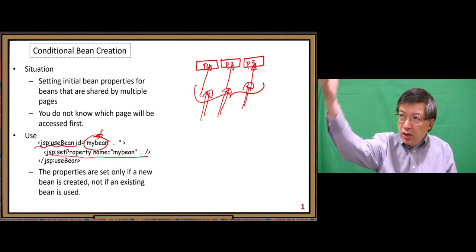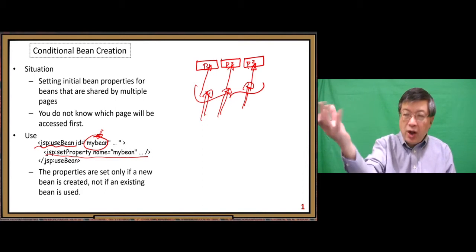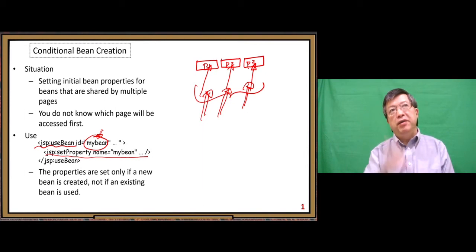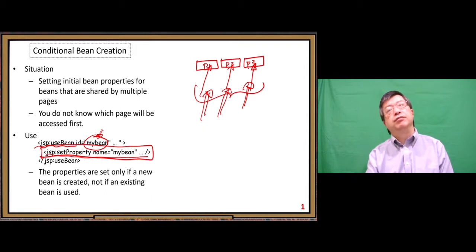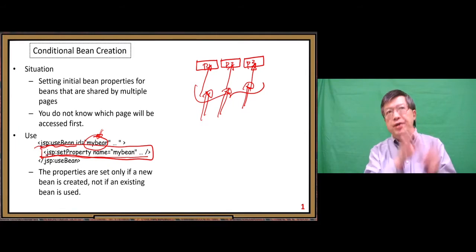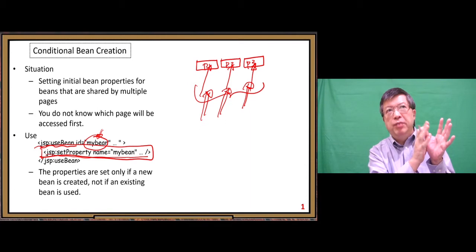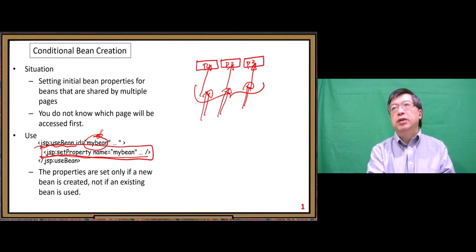It just gets the old, existing object and uses it. In that case, you do not use the values here to change the property values. So that's simple. This is the first topic. The possibility of this case may not be very high, but if it happens, you have this simple solution.